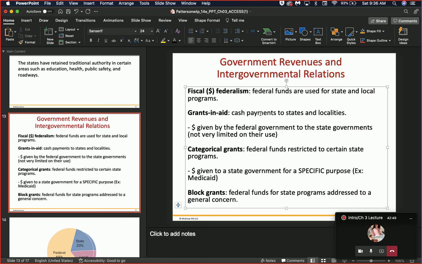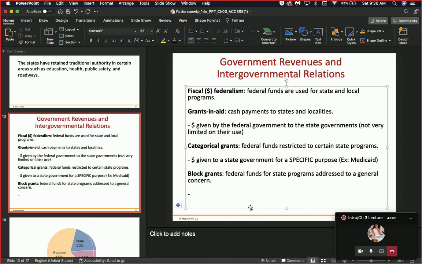With grants and aid, we saw this with the coronavirus that happened, right? Texas really needed money to help out with the coronavirus. Block grants. So say Texas is noticing an issue with, let's say, we'll say an issue with highways being unsafe to travel, okay?